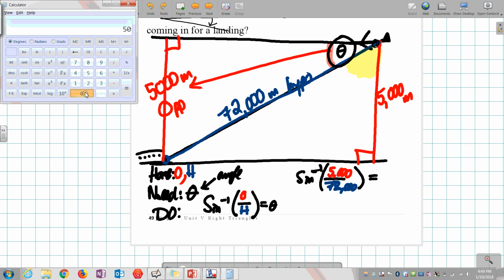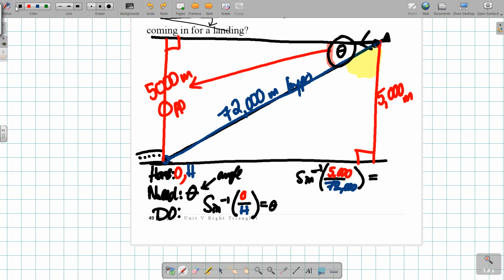So we're going to go 5,000 divided by 72,000. Second function, sine. I'm going to round, that's 3.98 degrees. So our angle of descent is approximately 4 degrees.